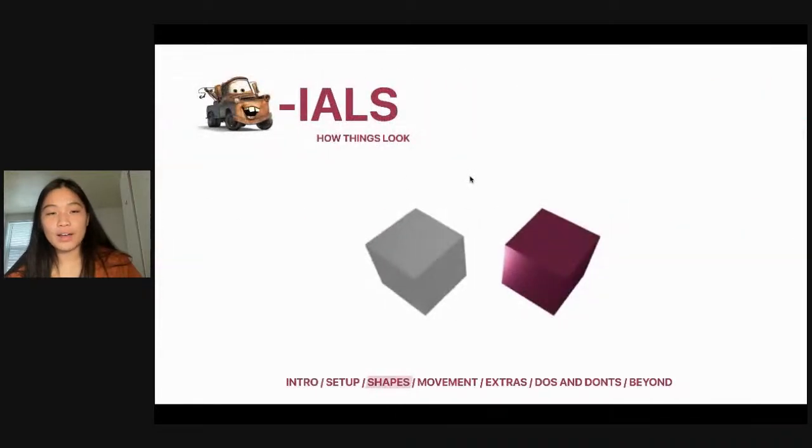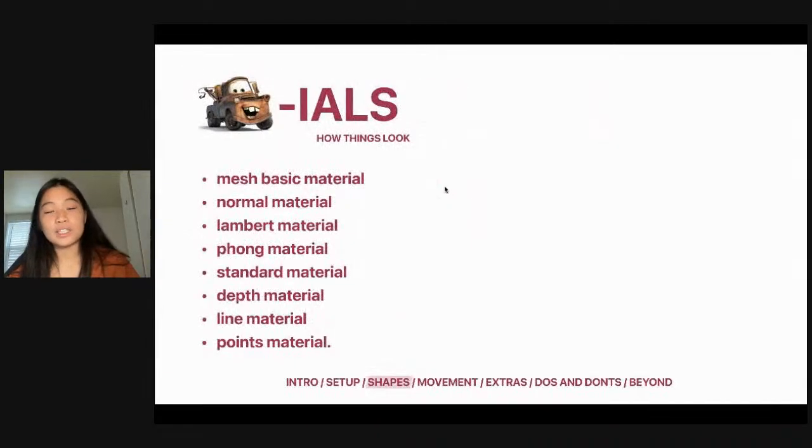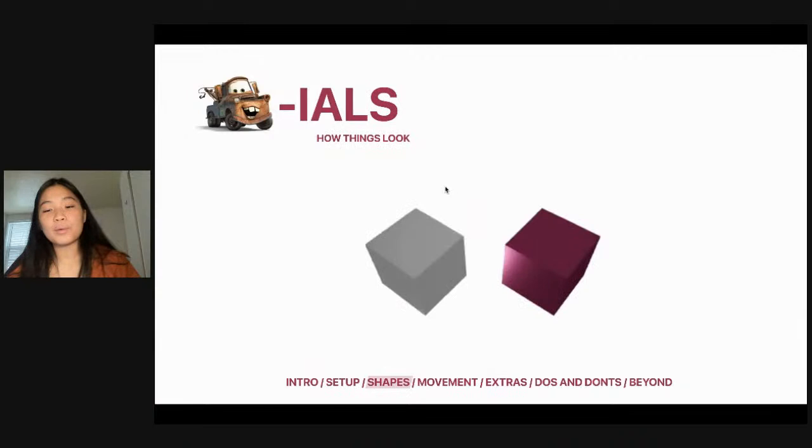And then also you can have custom materials. The one on the very left is a basic material. So it's just very dull. It reflects light in a very straightforward, consistent way. Whereas the one on the right is called Phong material. It reflects light in a shiny way to make it look very bright and reflective. There's actually a lot of different types of materials that you could possibly use, but we'll be focusing on these two for now for the sake of simplicity.